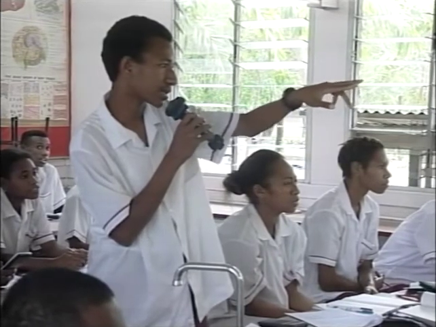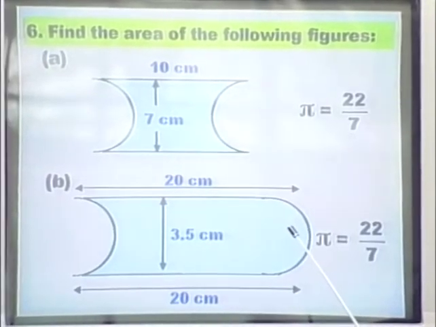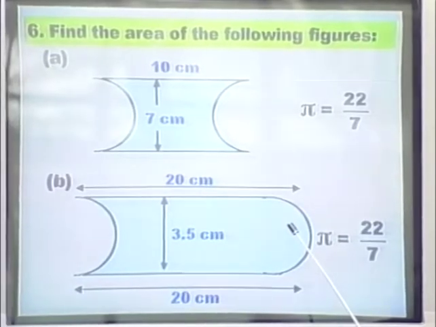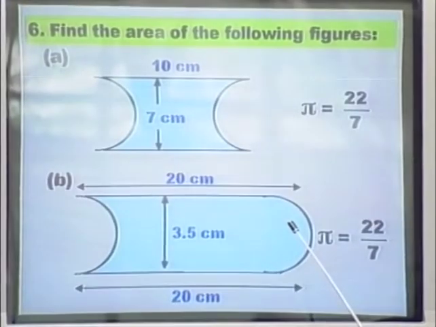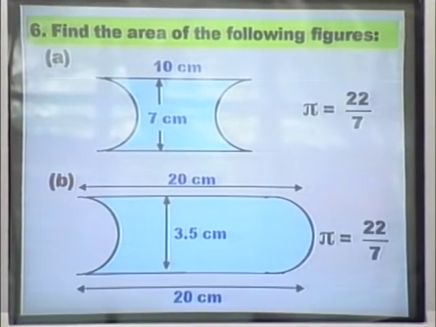That one is half of 3.5 because that's a radius. That's 1.75, the small length on the left side. So you divide 3.5 by 2, which gives 1.75, and then you subtract it from 20 to get the length of the rectangle.